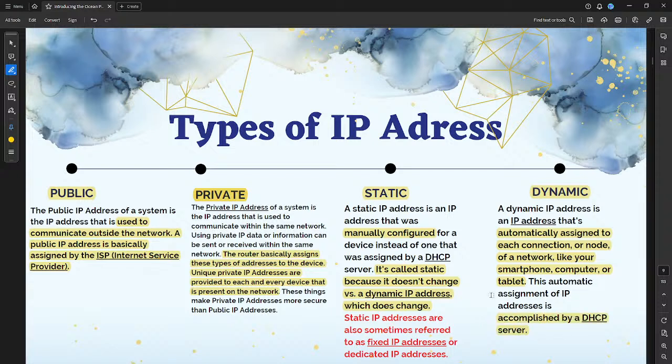We all have DHCP servers on our mobile phones, computers, and tablets, and these DHCP servers assign to us IP addresses, private IP addresses, from a gateway or from an access point. Of course, we also have DHCP servers that assign public addresses to our devices that help us to browse the internet. So these are important to note.